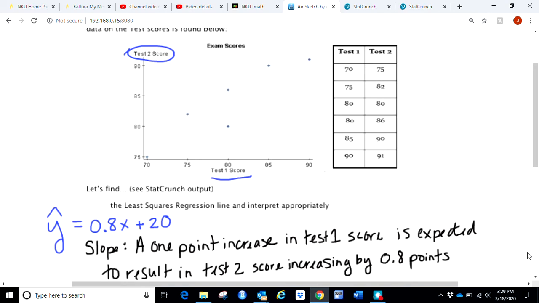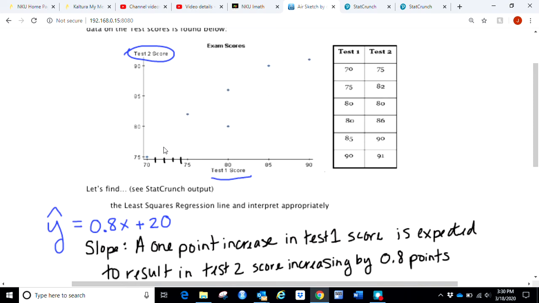If I go back up here and look at my picture, it's going by 5s, but that's not what slope goes by. It's going by 1s. So imagine that I have my 71, 72, 73, 74, 75 all on here. It's saying if I go over 1 block for X, our test 1 score, I'm going to go about 0.8 blocks for my test 2 score.